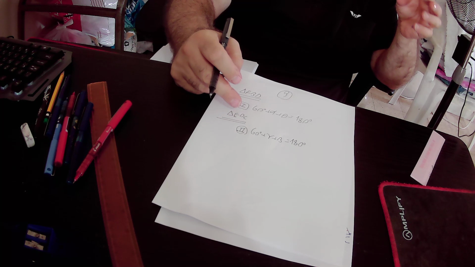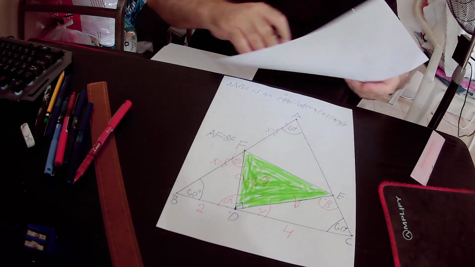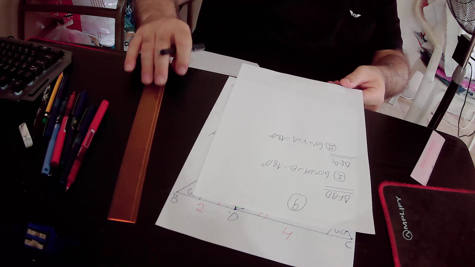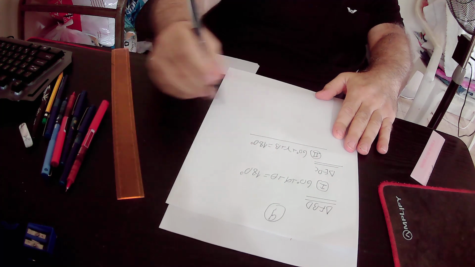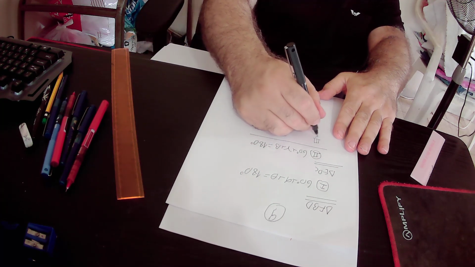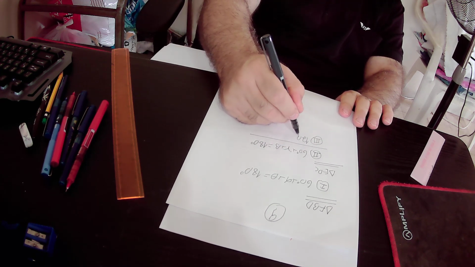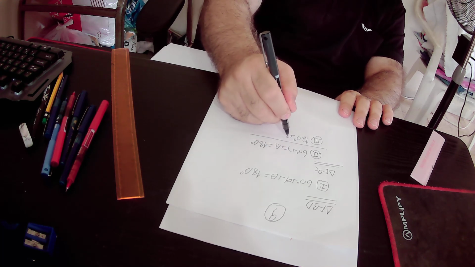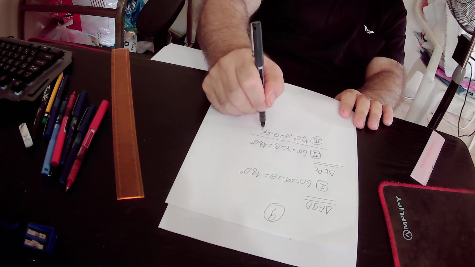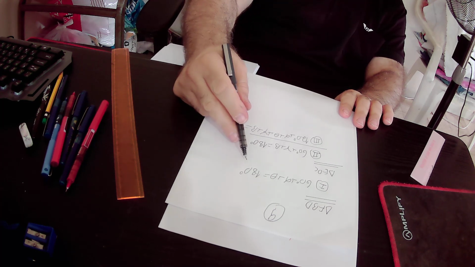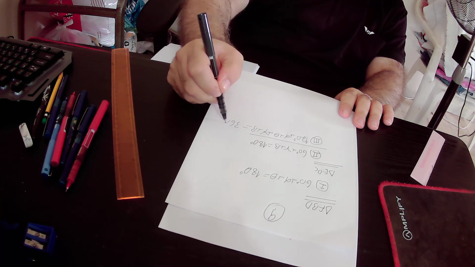So 60 degrees plus 60 degrees is 120 degrees, plus alpha plus theta, plus gamma plus beta equals 180 degrees plus 180 degrees, which equals 360 degrees.